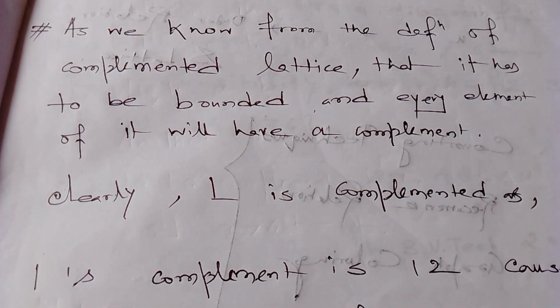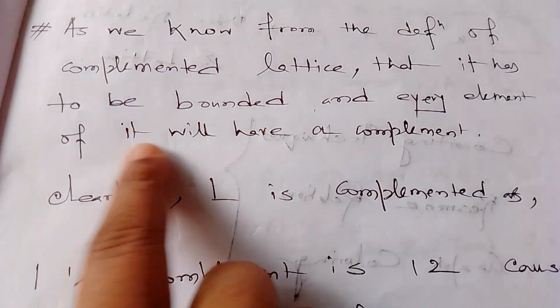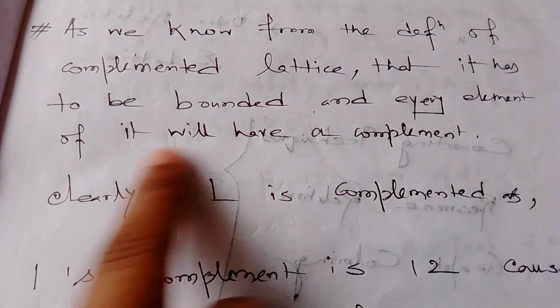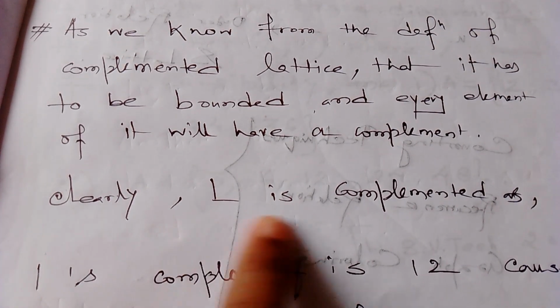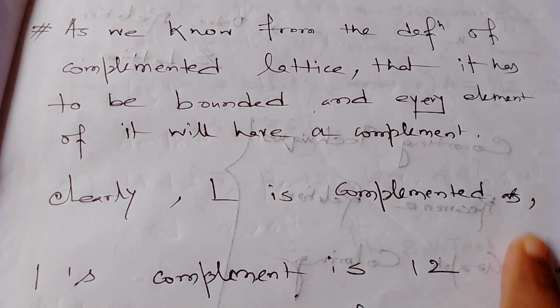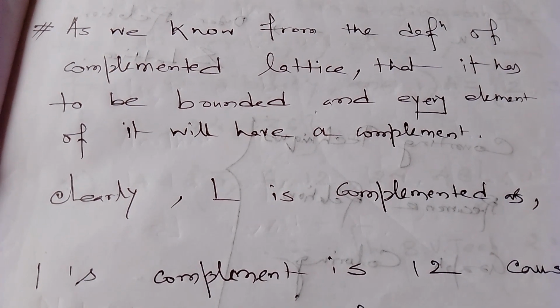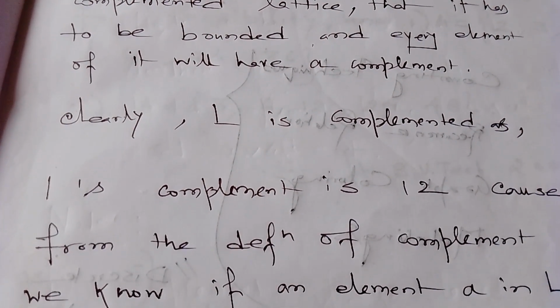Now let's find, is L a complemented lattice or not? As we know from the definition of complemented lattice, it has to be bounded and every element of it will have a complement. Clearly L is complemented, as 1's complement is 12.